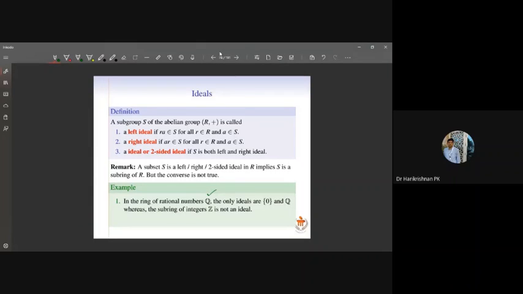You know that for the ring of rational numbers, the only ideals are the set {0} as well as Q. The only ideals of the rational numbers are what? The set {0} as well as Q. And you know that Z is a subring of Q, but it is not an ideal of Q. So this example illustrates what? That the converse of the above remark is not true.